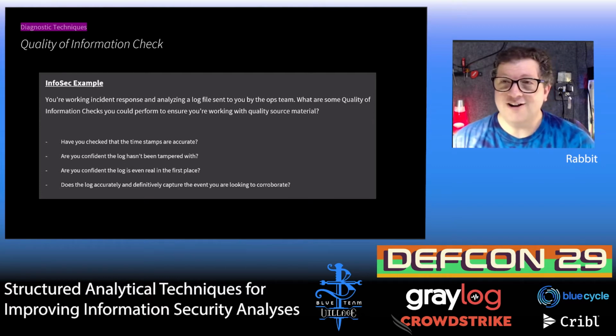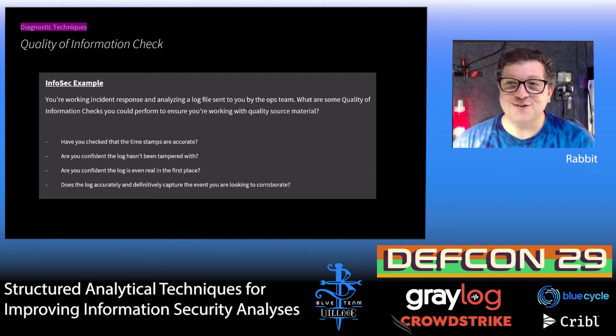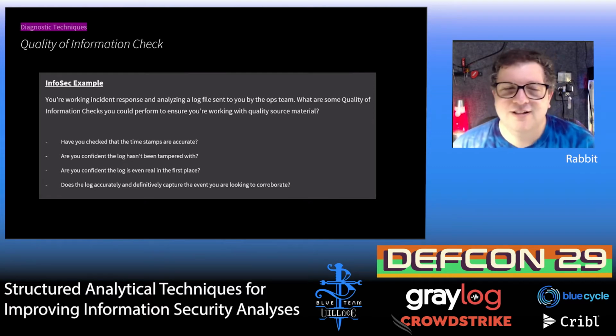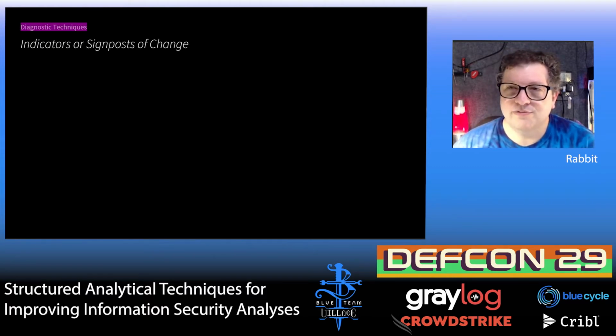Are you confident that log is real in the first place? Maybe that someone left one for you to find. And lastly, does the log even capture the type of information you're looking for? I mean, maybe you have your device configured such that the event you're looking to correlate isn't even captured in that log. Those are all things you could check to improve the quality.